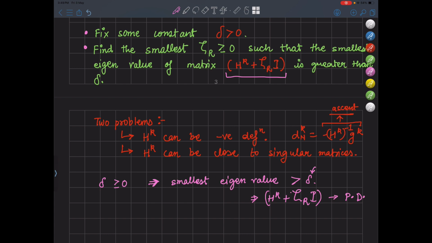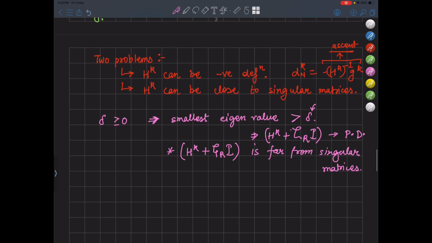Second, we can choose delta to be significantly big so that Hk plus xi r I is far from singular matrices. We can choose delta in such a way. So these two problems are solved using this modified Newton method.